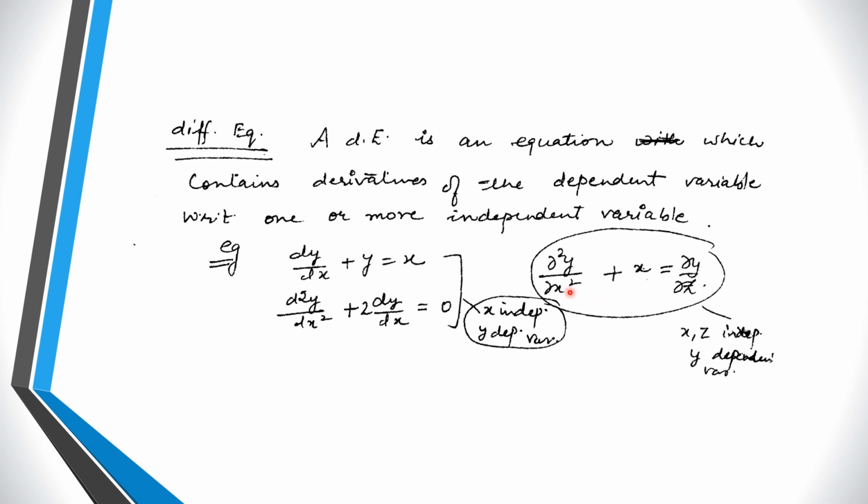So any equation in which independent variables, dependent variables and their derivatives are involved is said to be a differential equation, right? So this is also a differential equation containing the partial derivatives of y with respect to x as well as z.